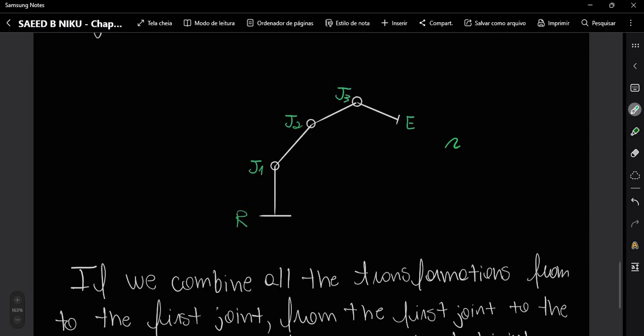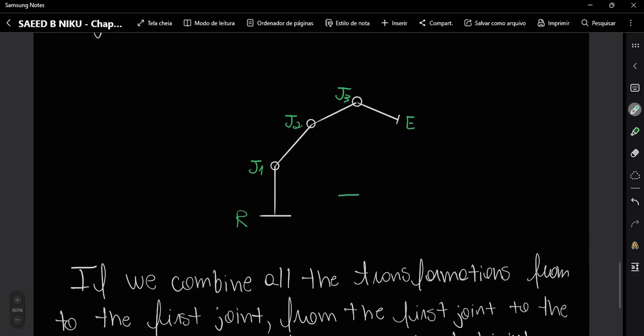Even if we don't name these joints or know the quantity of links and joints, even if we do not know the task that this robot is performing, we can write its total transformation because it's always referenced to the end effector related to the base of this robot, to its universal frame, which is the referential frame.